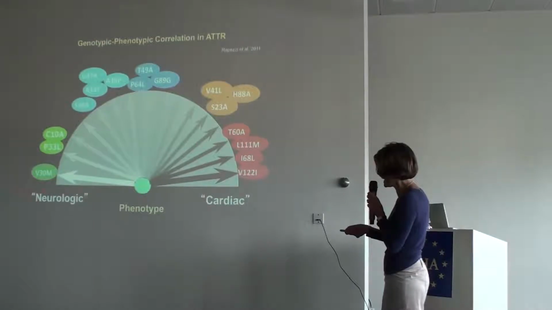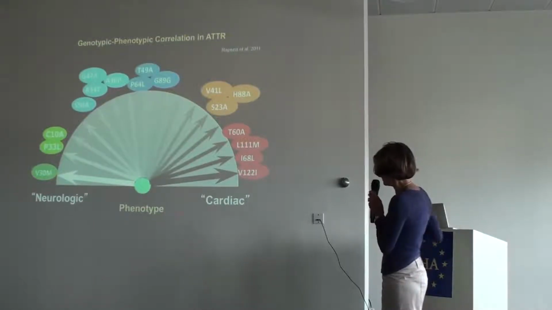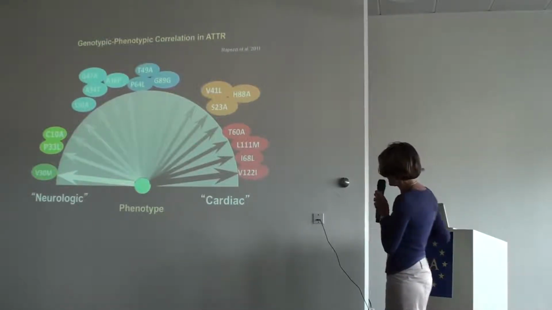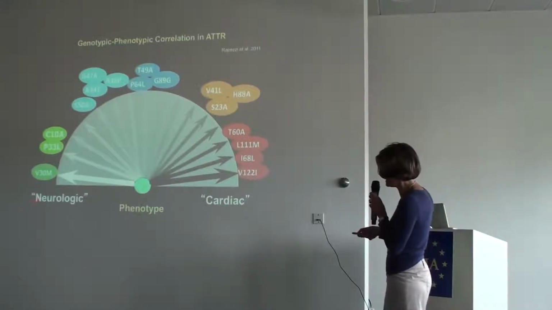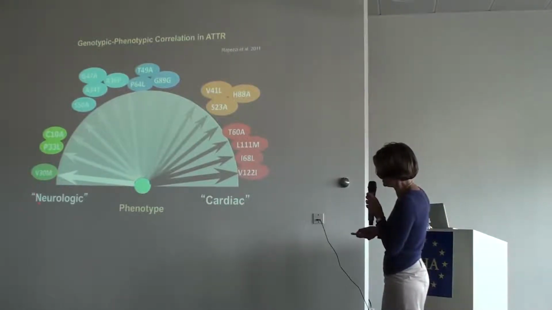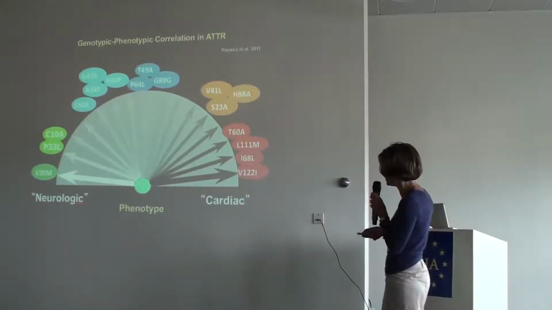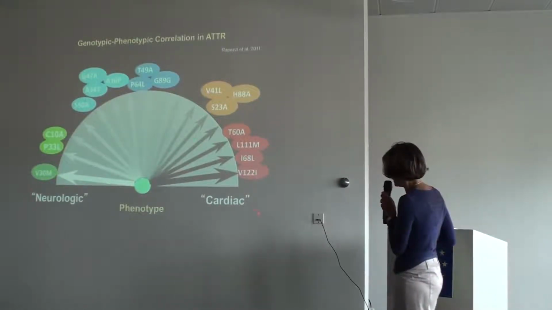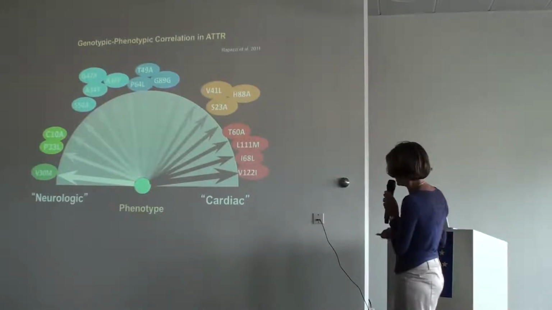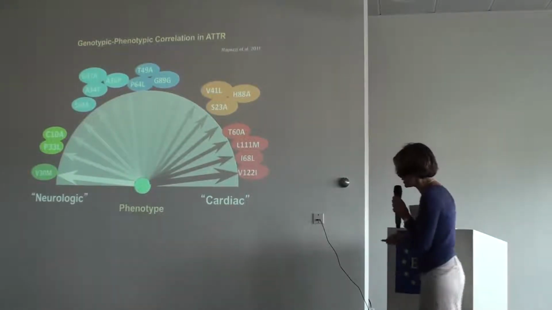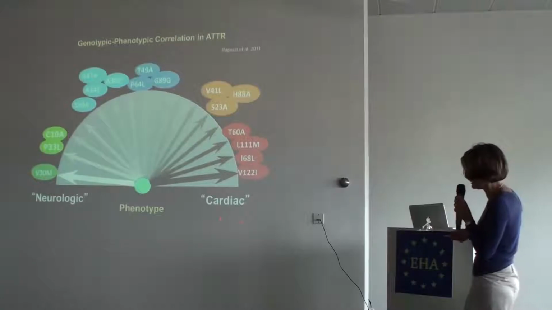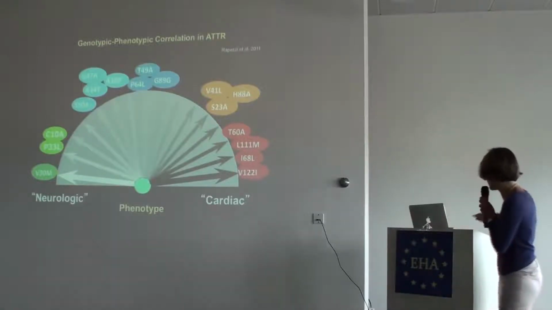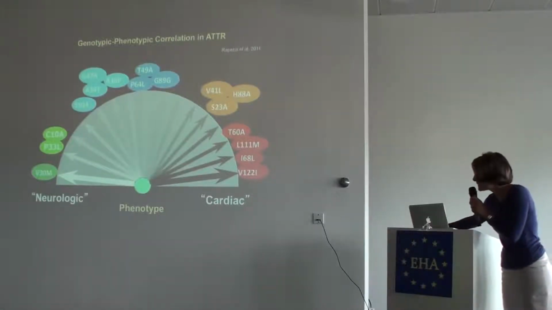And I think you could add here the aging process, and really we see these mutations mainly in young onset patients, and then we see cardiac mutations in later onset patients. So I think there is really an age effect in the phenotypic presentation of this disease.